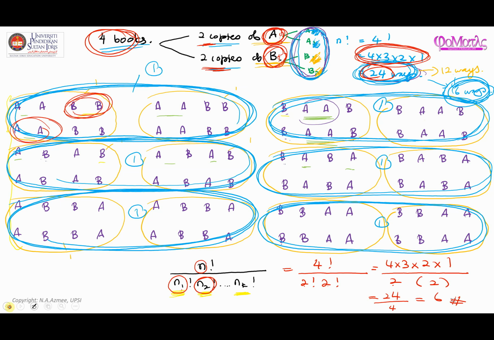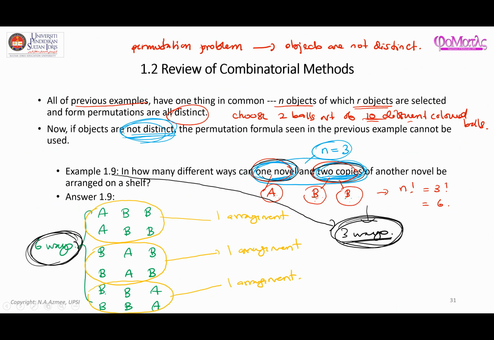So the same thing for this one here. The formula, like I said just now, is n factorial over n1 factorial, n2 factorial, and so on up to nk factorial. And in this case, we have 3 books, so 3 factorial, and we have category A and category B. We have 1 novel with a different title and 2 novels with another title.